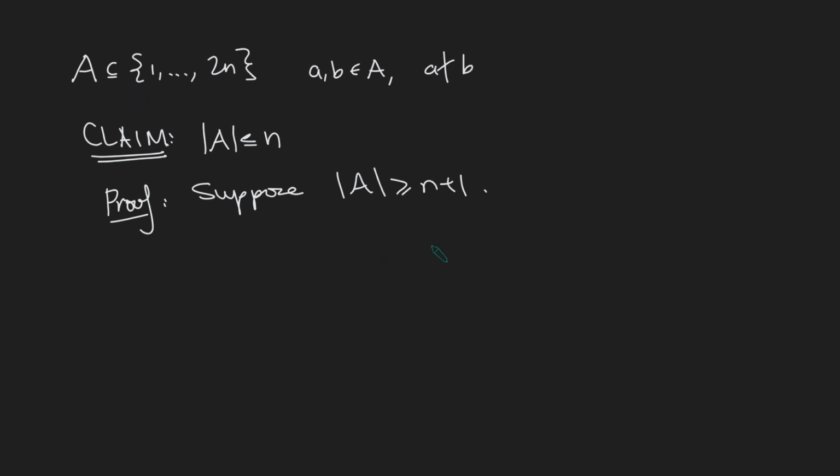Then what we're going to do is take every single element in our set A and write them in a special way. I don't know if there's a name for this, but it is commonly used. We write every number x in our set A in the form 2 to the power of some number, which will depend on what x is, times an odd number, which I'll call v. So v is going to be an odd integer.